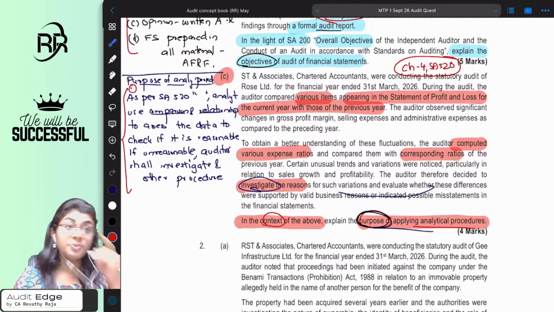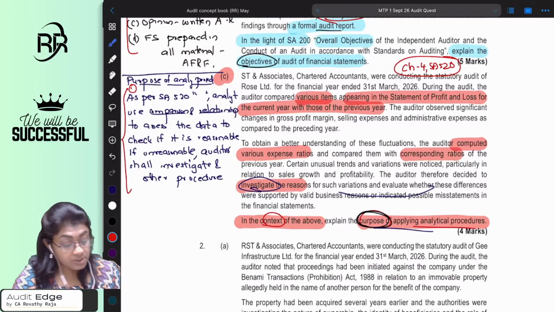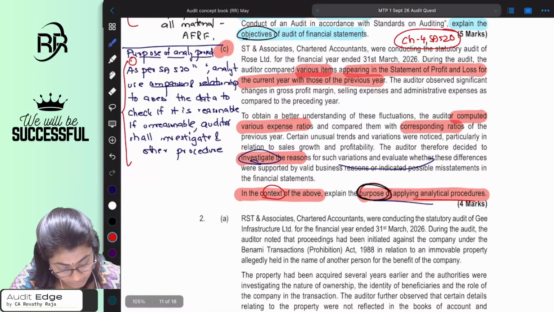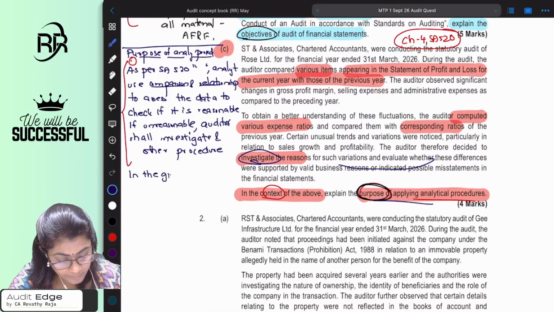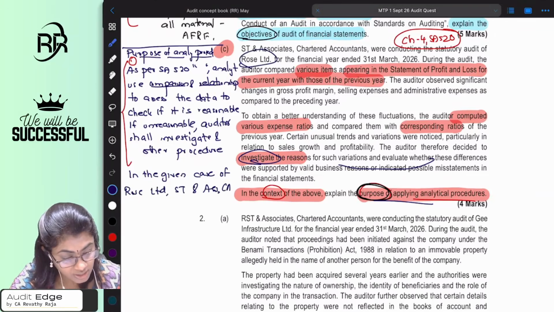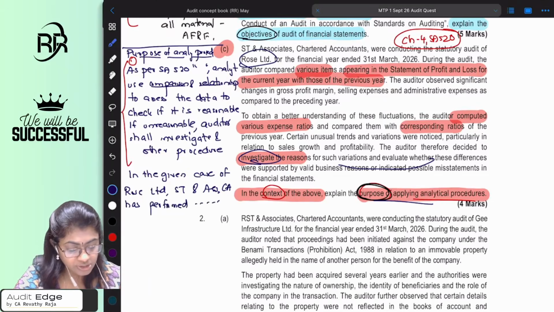They have asked the purpose of applying analytical procedures in this context. So in the given case, second part, in the given case of Rose Limited, ST and Associates, CAs, has performed the following procedures.